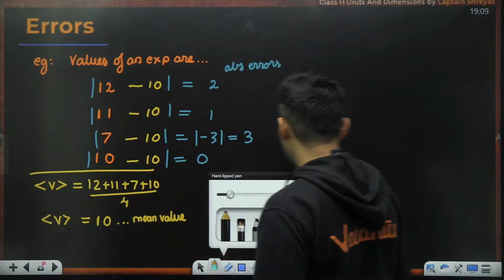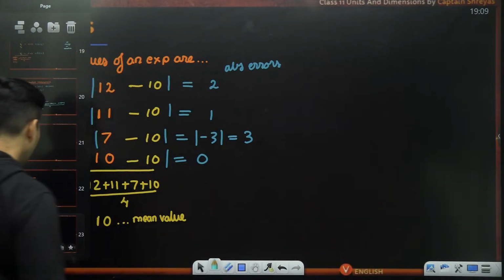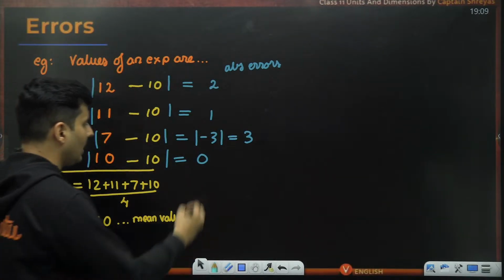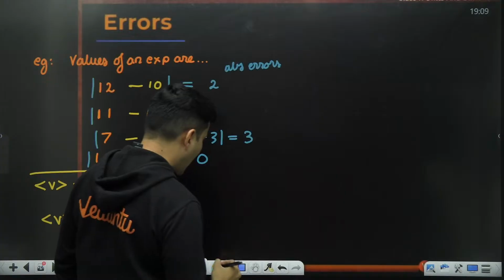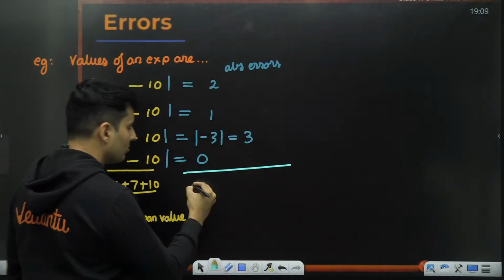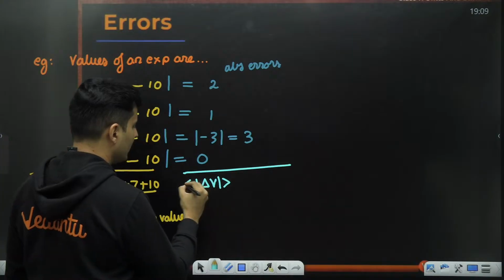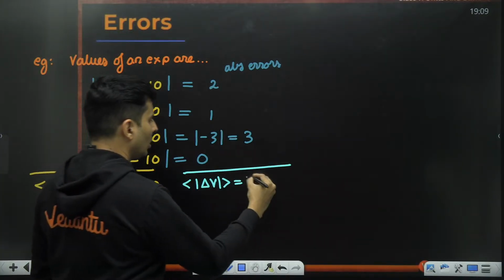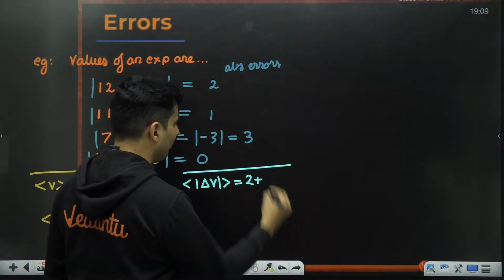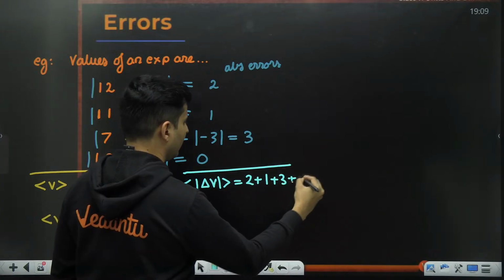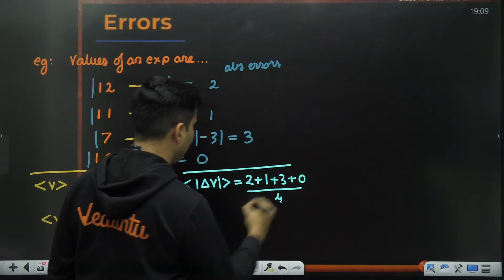What is the next step after finding the absolute errors? You have to find the average of these absolute errors. So 2 and then 1 and then 3 and then 0, whole thing divided by 4.